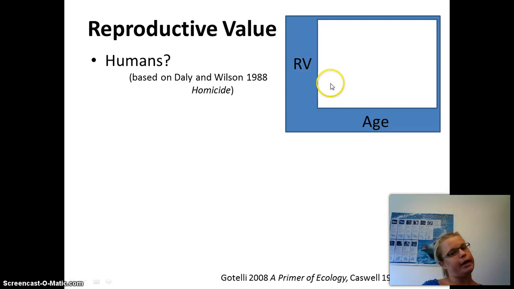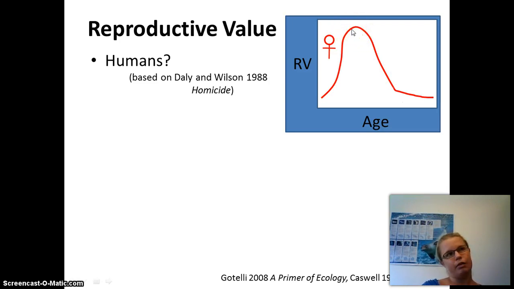It increases with age because they're more likely to survive to have children. It reaches its peak at about maybe 25 or so. And then your fertility actually decreases with time. So it's going to decrease a little bit here. So something like that, where your highest reproductive value is probably about the 20s.